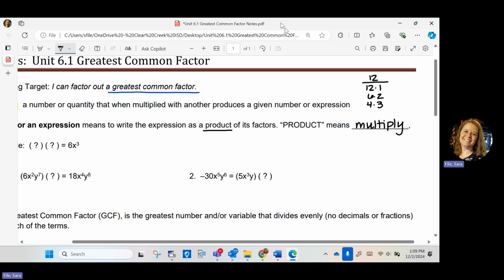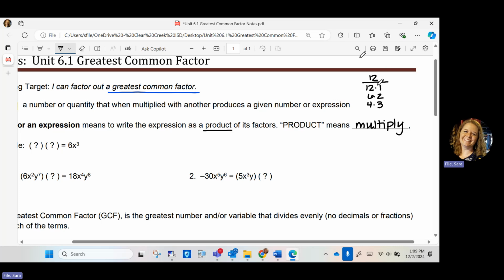So in this example up above, 12 times 1, I wrote those factors as a product. I'm multiplying 12 times 1, or 6 times 2, or 4 times 3. We list the factors as products.